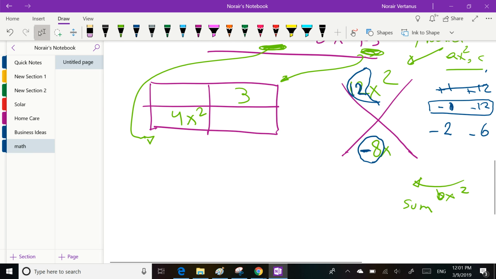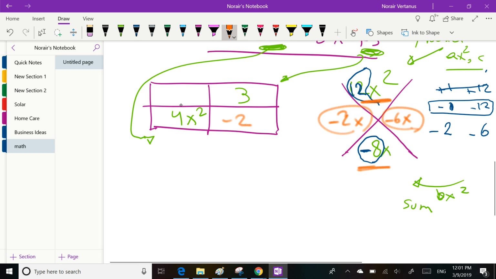These two are the numbers that you add to get this, and multiply to get this.